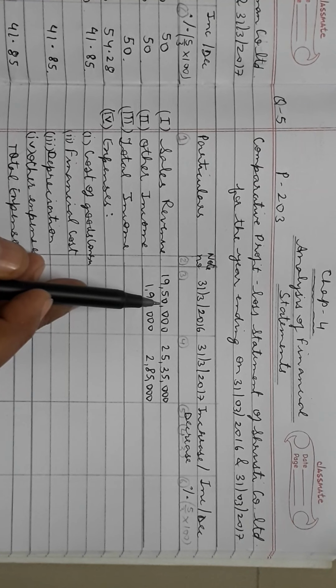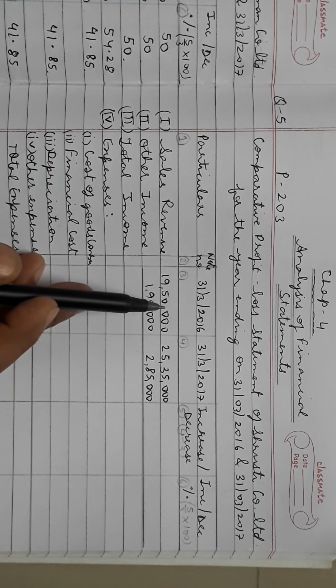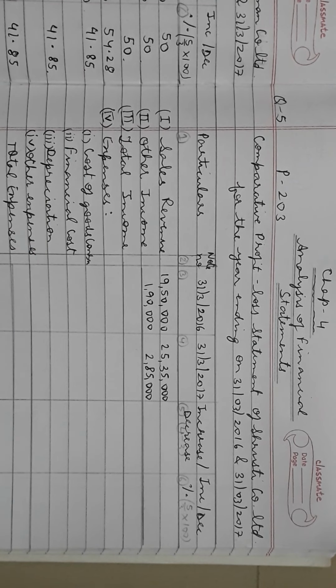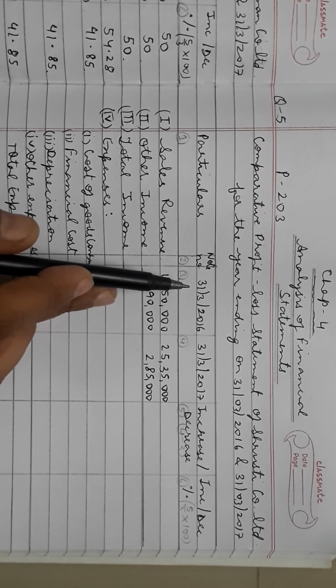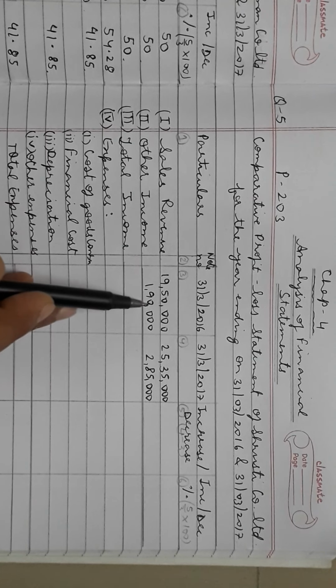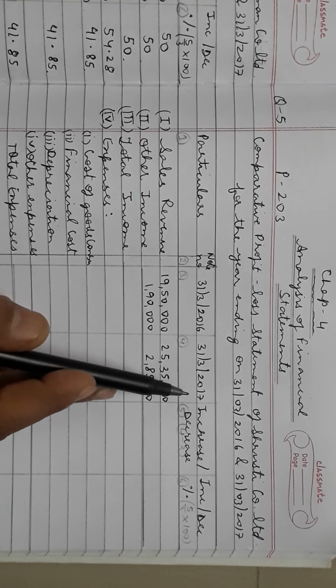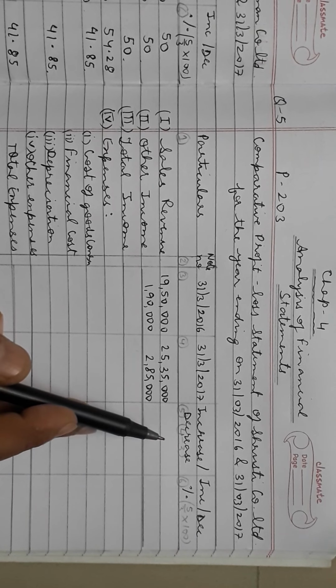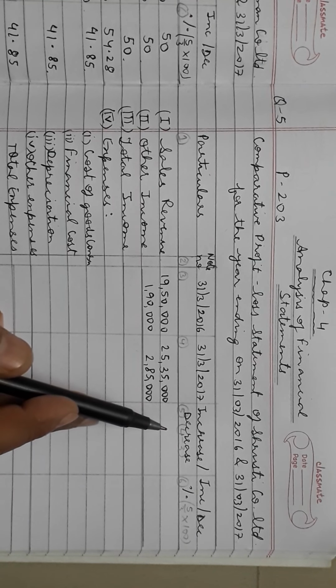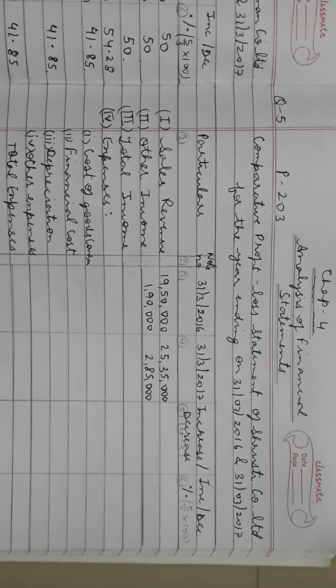While preparing, just observe that in the question the figures are given for the year 2017 first and then 2016, but while solving we have to write the figures of 31st-3-2016 first, then 31st-3-2017 next year, so that we can find out the increase or decrease figure. If the answer is negative or a decrease figure, we will write it in bracket.